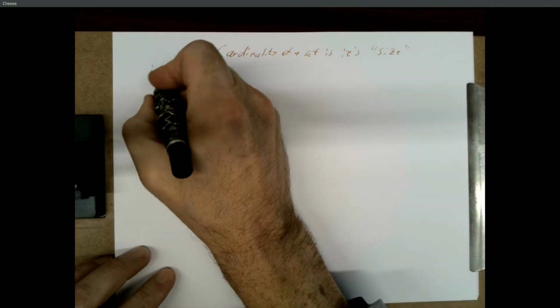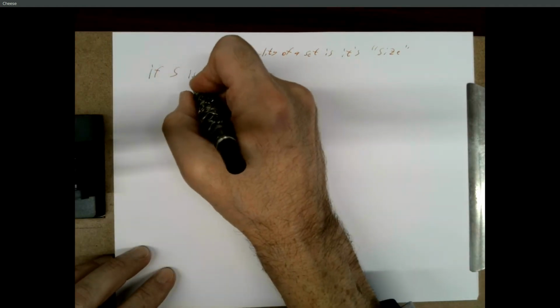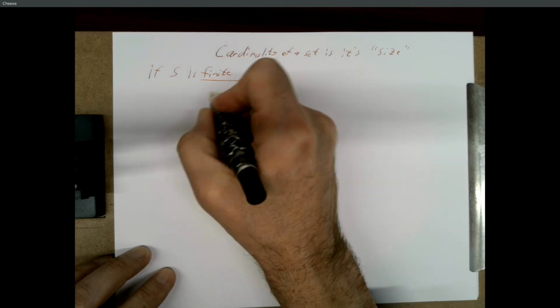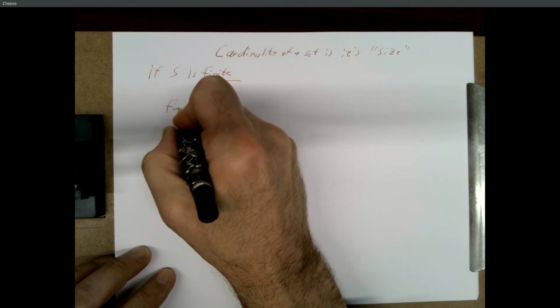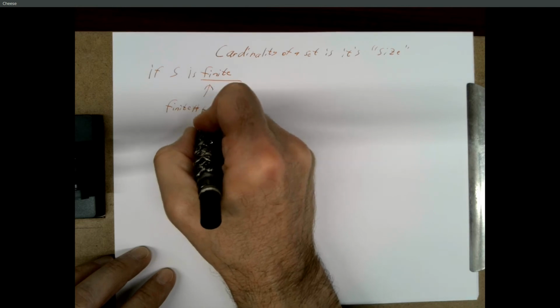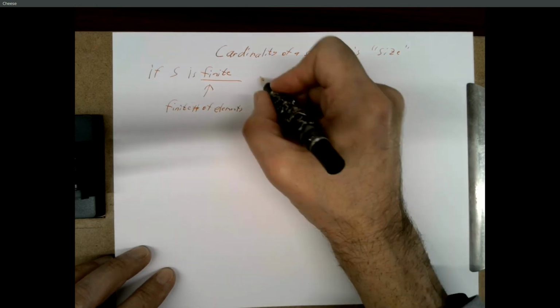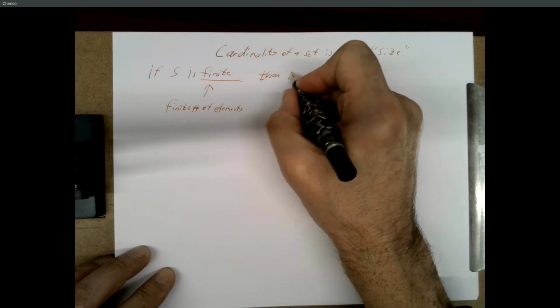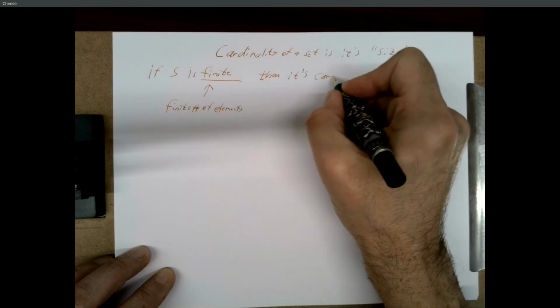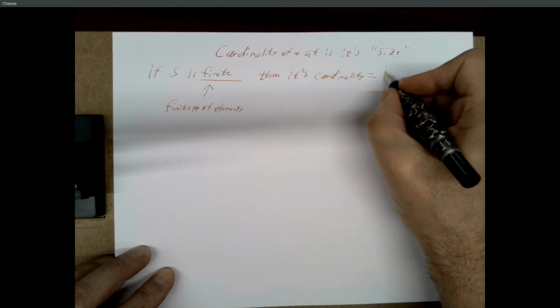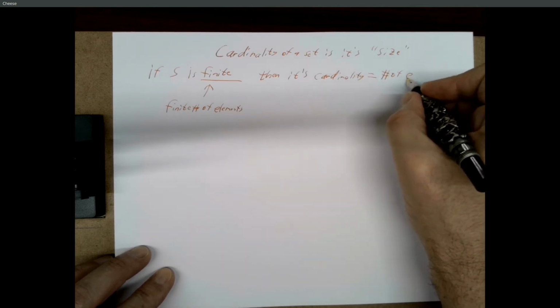And if S is finite, meaning it has a finite number of elements, then its cardinality equals the number of elements in the set.